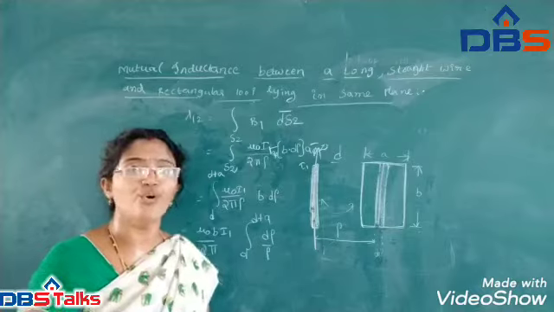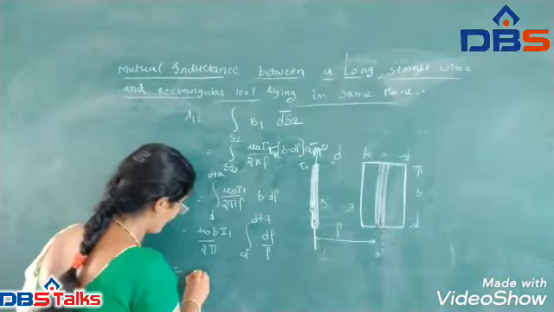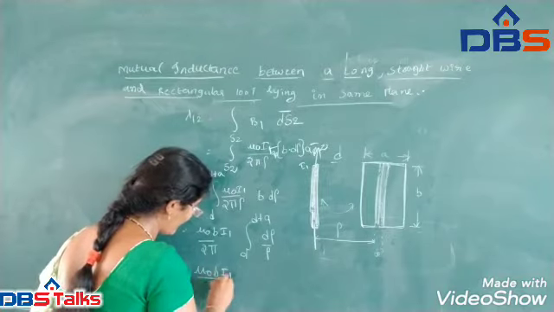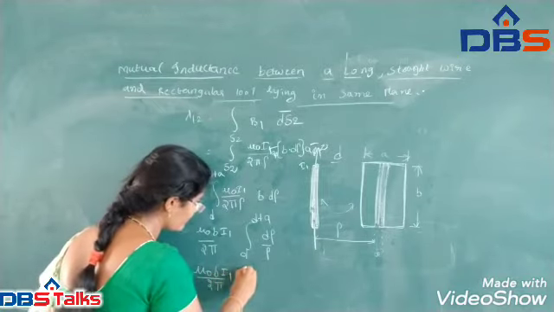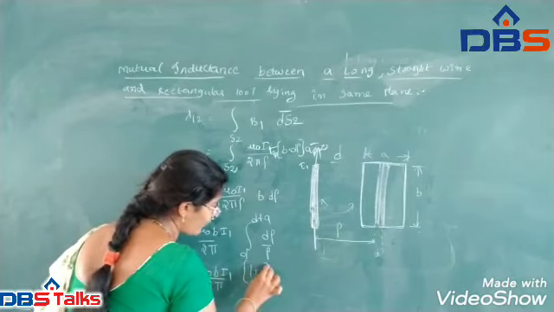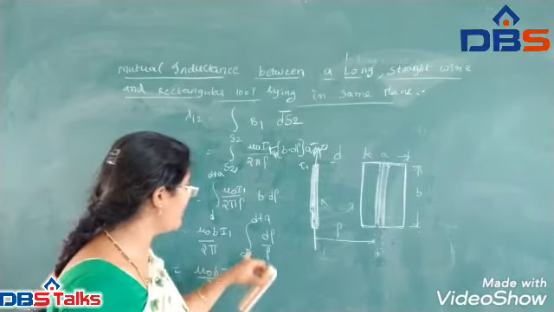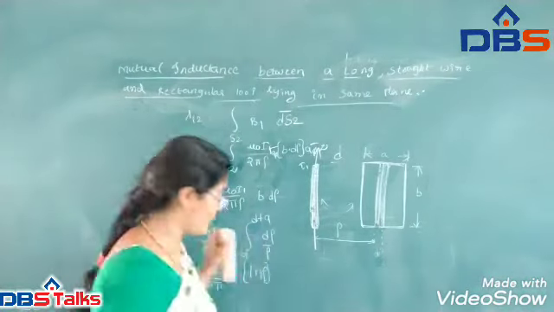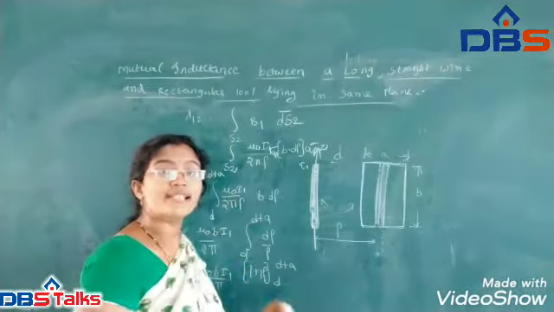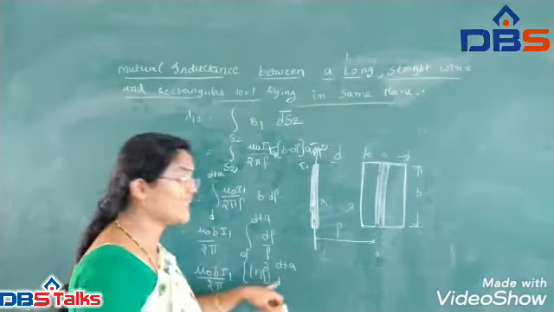It is ln of rho. So you can write mu naught b I1 by 2 pi times ln of rho, with the limits d to d plus a. Now you have to substitute these limits.